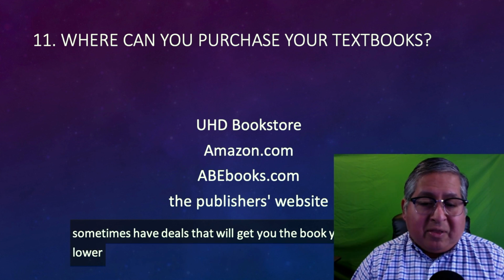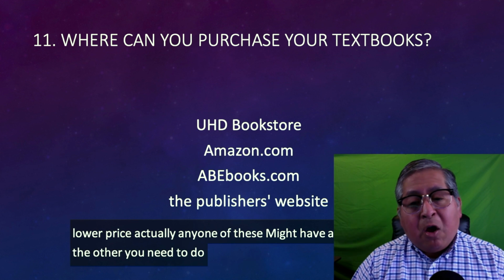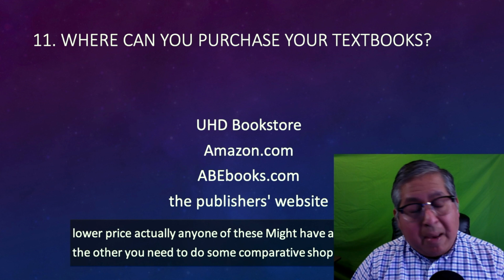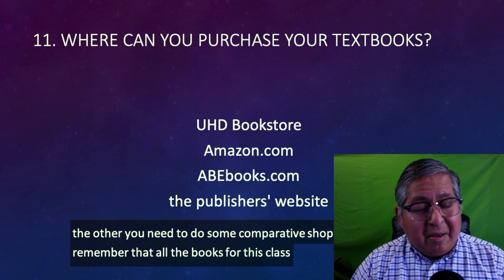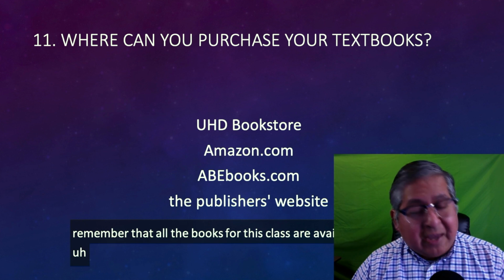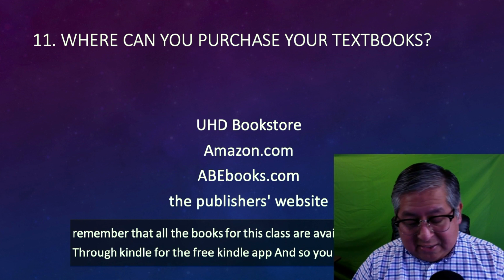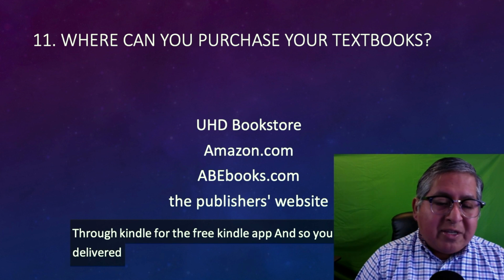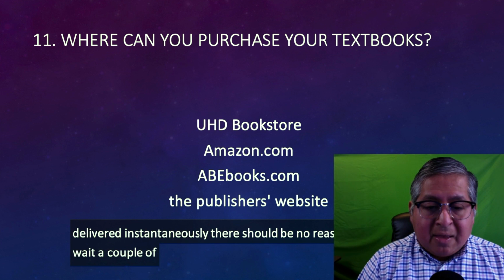And actually, any one of these might have a lower price than the other. You need to do some comparative shopping. Also, remember that all the books for this class are available through Kindle, the free Kindle app, and so you can have those delivered instantaneously. There should be no reason you have to wait a couple of days to get a copy of what you're supposed to be reading.